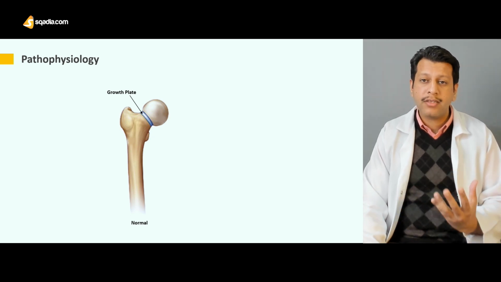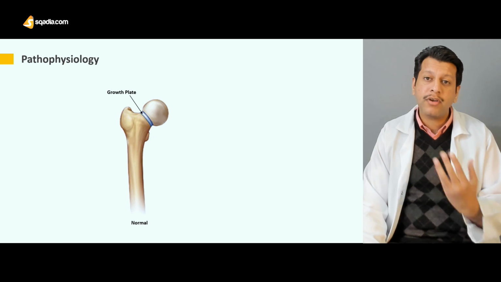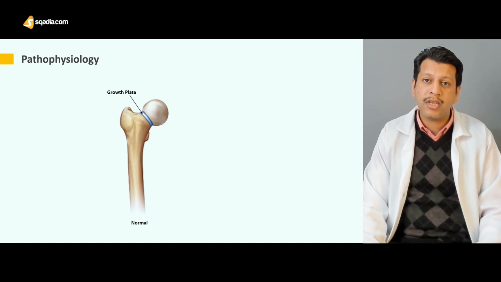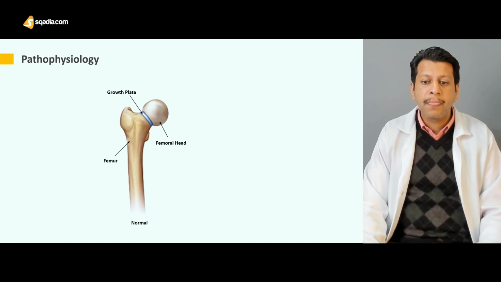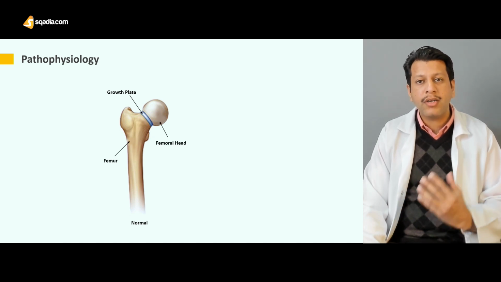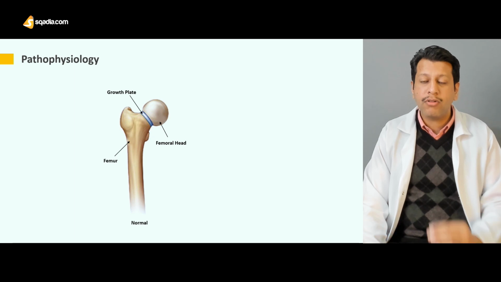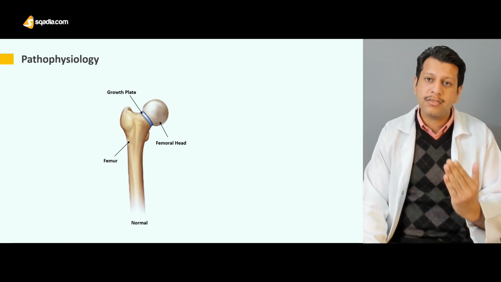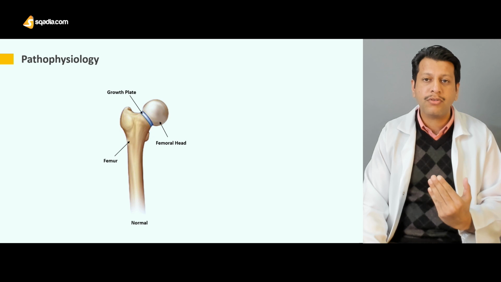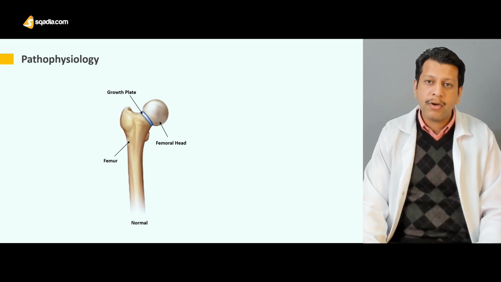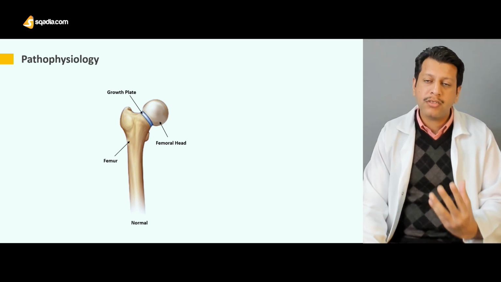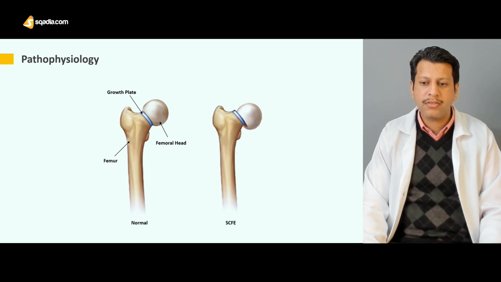And when you get an X-ray, it appears as if the epiphysis has slipped in a more posterior medial direction. The problem is in the metaphysis, which is going in another direction, but what it appears to be is the epiphysis.